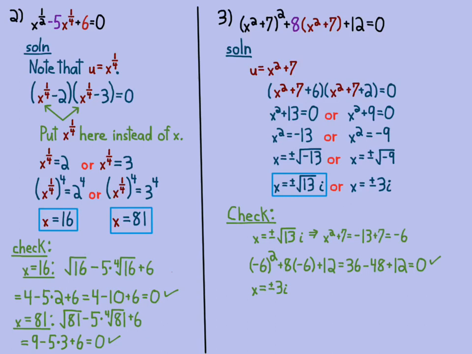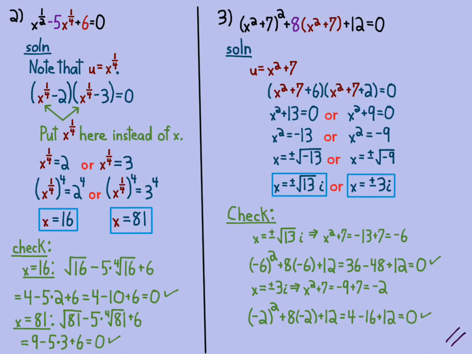I started thinking I was using the other one, the plus or minus 3i. I did put the little arrow, but I like the colon with the underline better. So I'm still checking the second two, and you see I'll get 0. Okay?